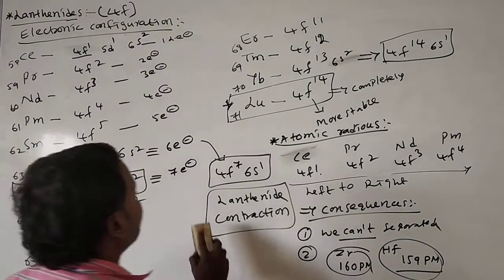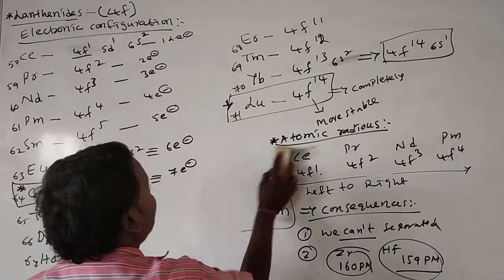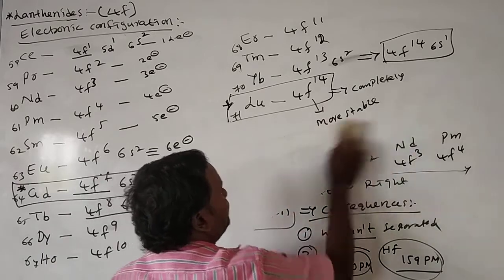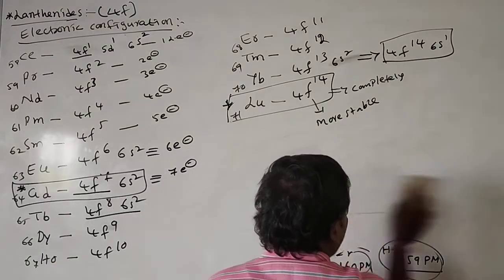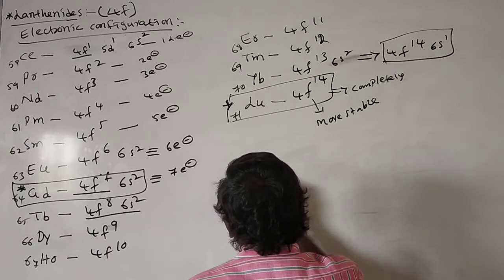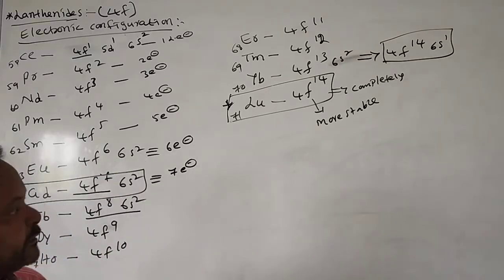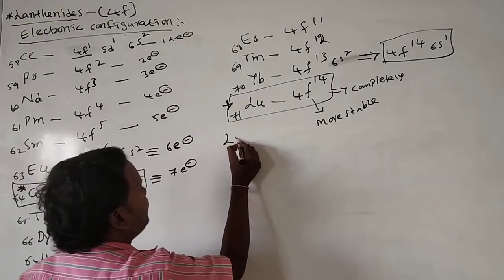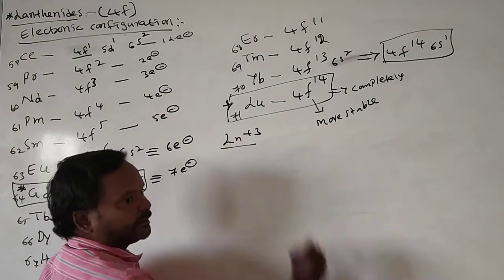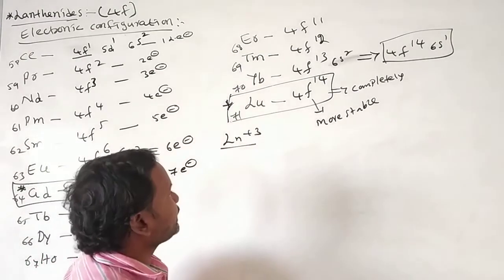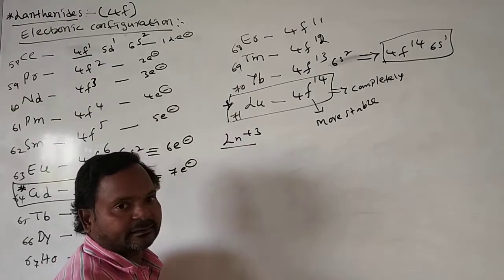Then, in continuation, we will see the oxidation states of lanthanides. Lanthanum exhibits mainly the +3 oxidation state.